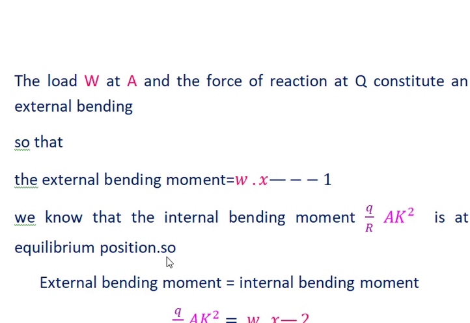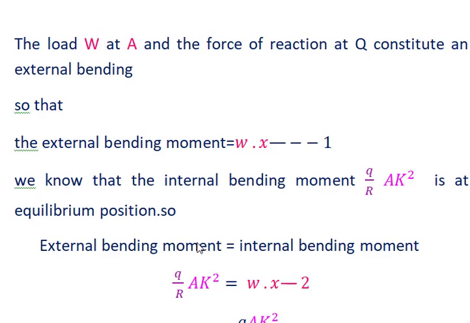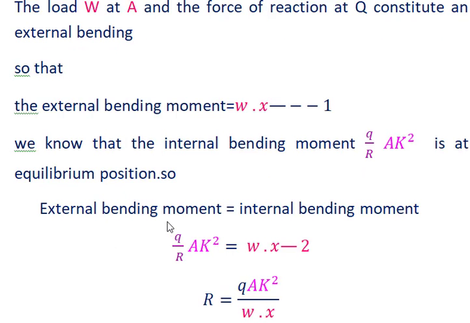We know the internal bending moment, already solved, is Q by R into AK square. At the equilibrium position, the external bending moment is always equal to the internal bending moment.